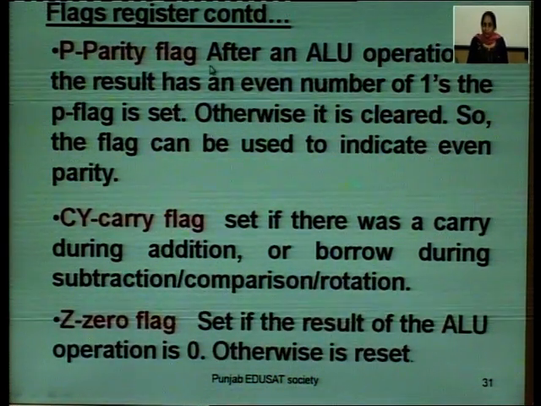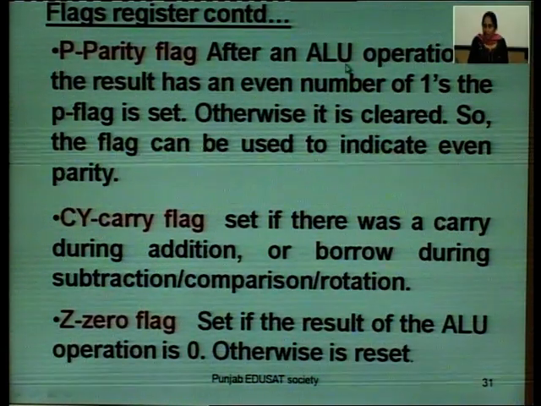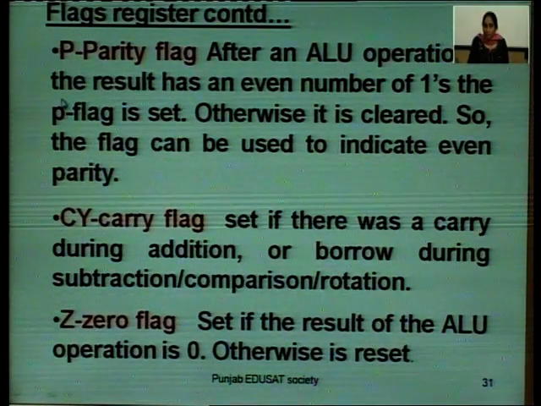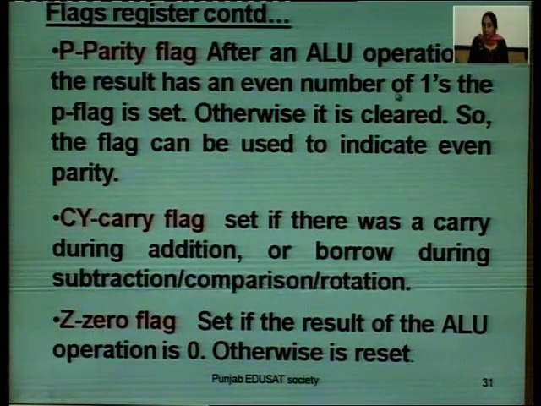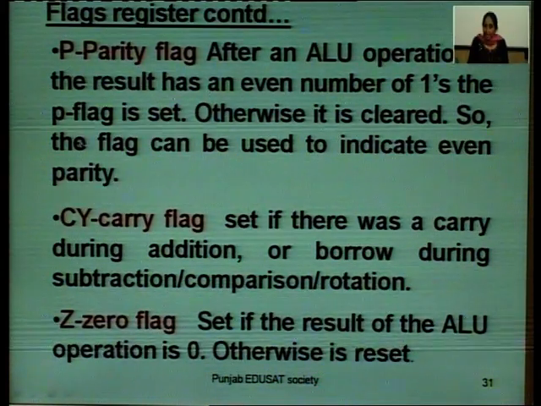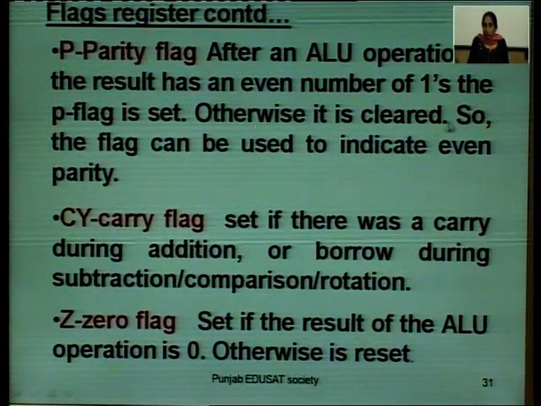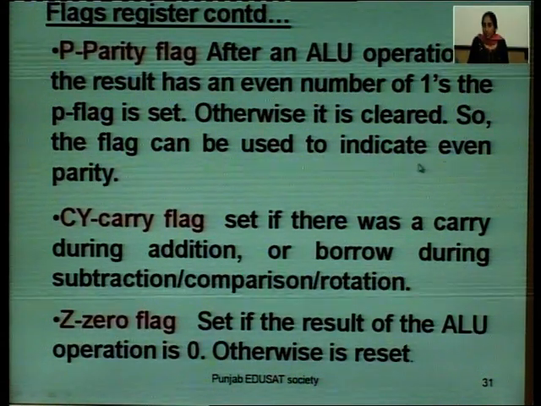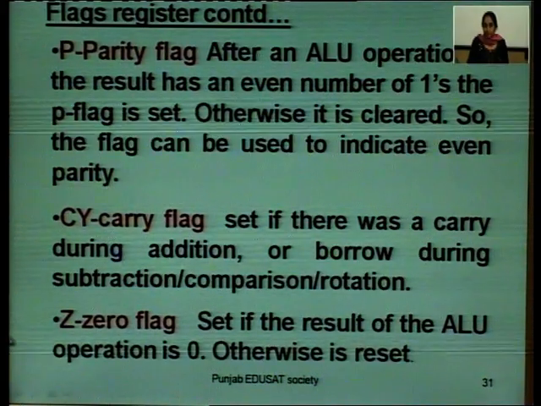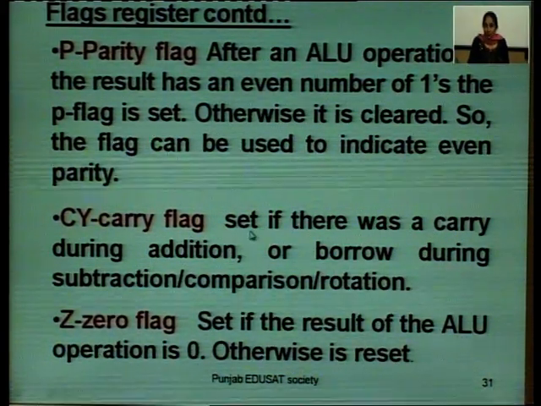Then we have parity flag. After an ALU operation, if the result has an even number of ones, the parity flag is set. Otherwise, it is cleared. So, the flag can be used to indicate even parity. Carry flag.